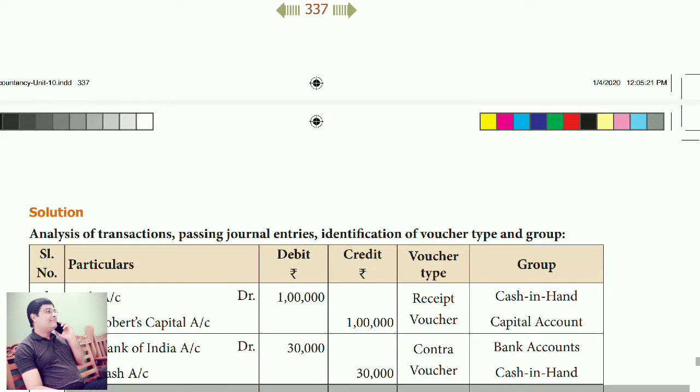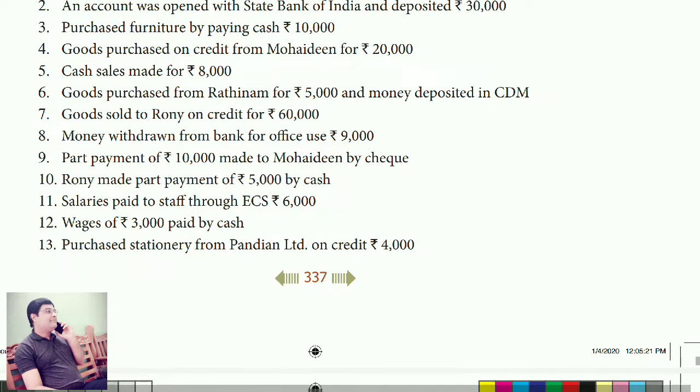Next, the fourth question. Goods purchased on credit from Mohiddin for rupees 20,000. Credit purchase means the name will be credited.